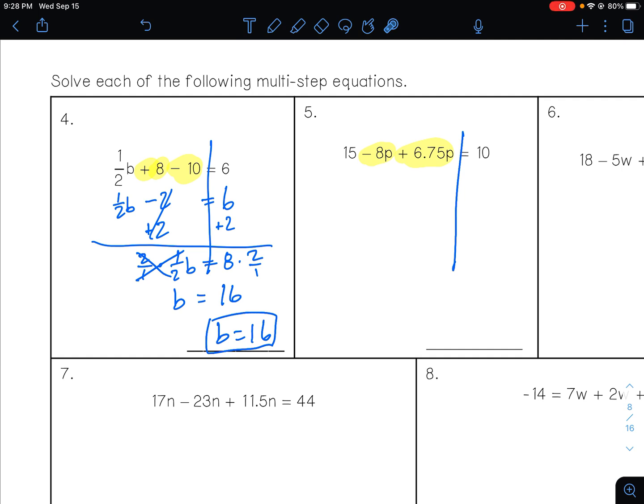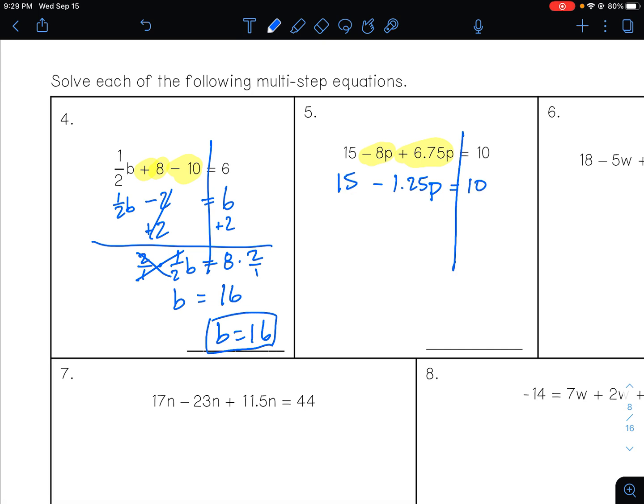That means I subtract, and they are opposite signs. So I subtract, take the sign of the bigger number. So it is going to be a negative something. Negative what? 8 minus 6.75 is, I think that's 1.25. Yeah, negative 1.25p. And then I bring down that 15. It's a positive 15. Bring down the equal, bring down the 10.